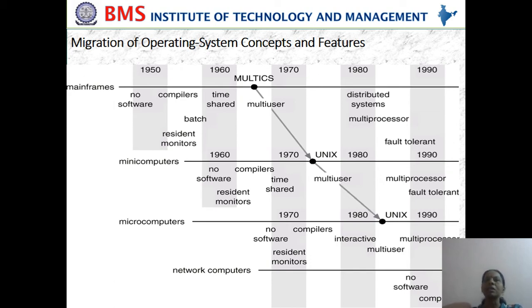But as it has increased, because it is software, it can be used by anyone. So now in the present scenario, everyone within a campus can use it. Within a campus means network computers, right? If you just connect to that particular MATLAB, then you can start using it. So this is a migration of the operating system concept, and how operating systems have changed over time.